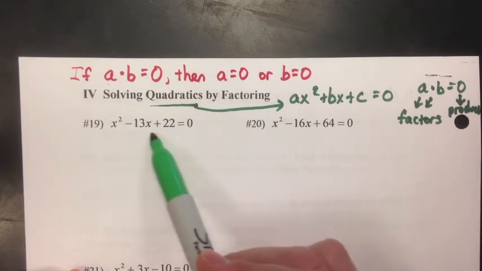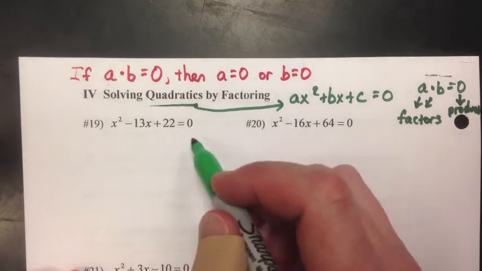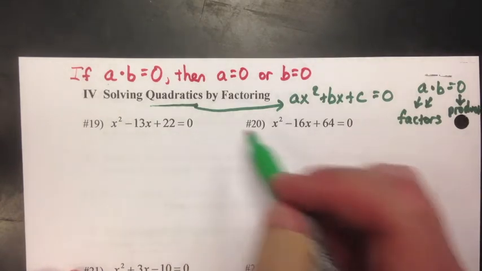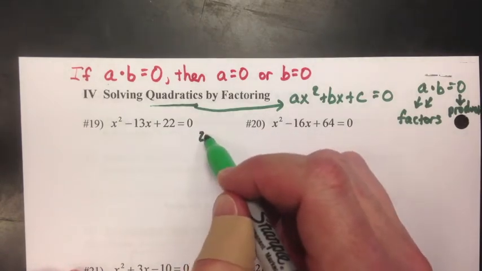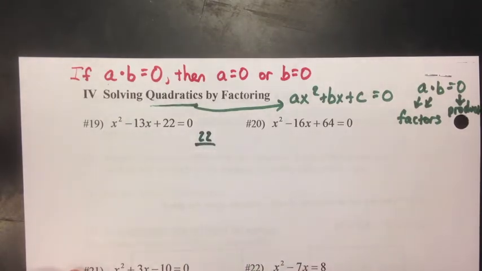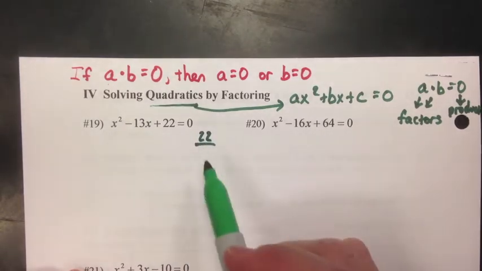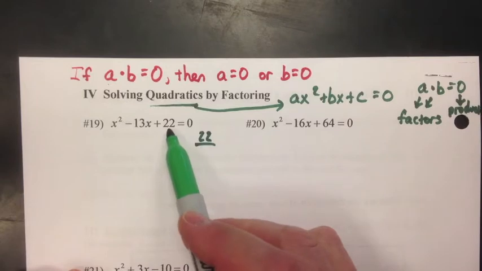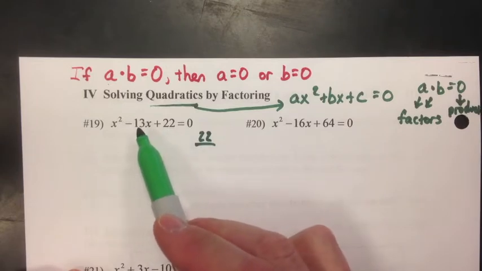So we're going to look at the left side. In this case, we have 22. We're looking for two numbers that multiply to 22 and add up to negative 13.